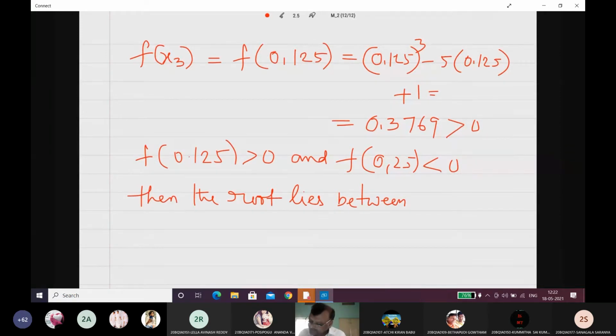Then the root lies between 0.125 and 0.25. Then what is the next one?